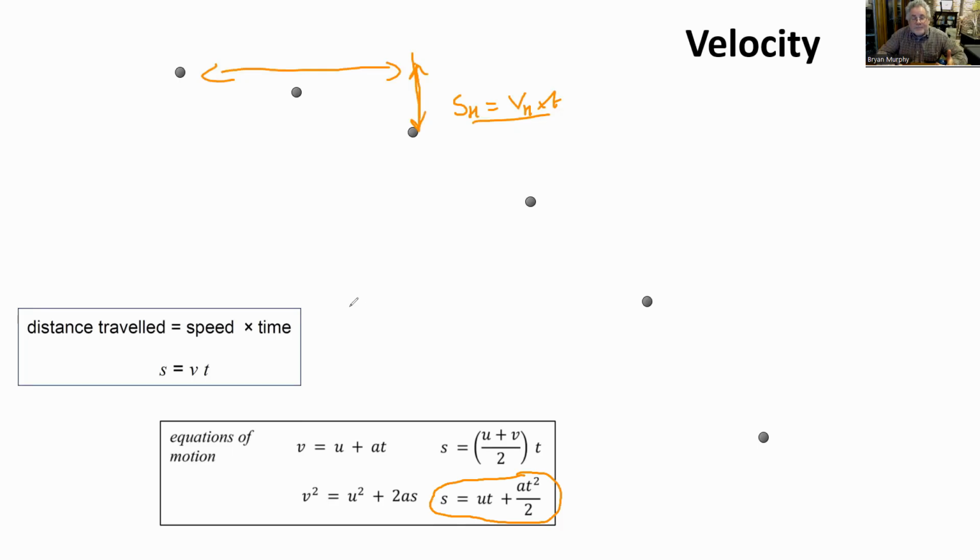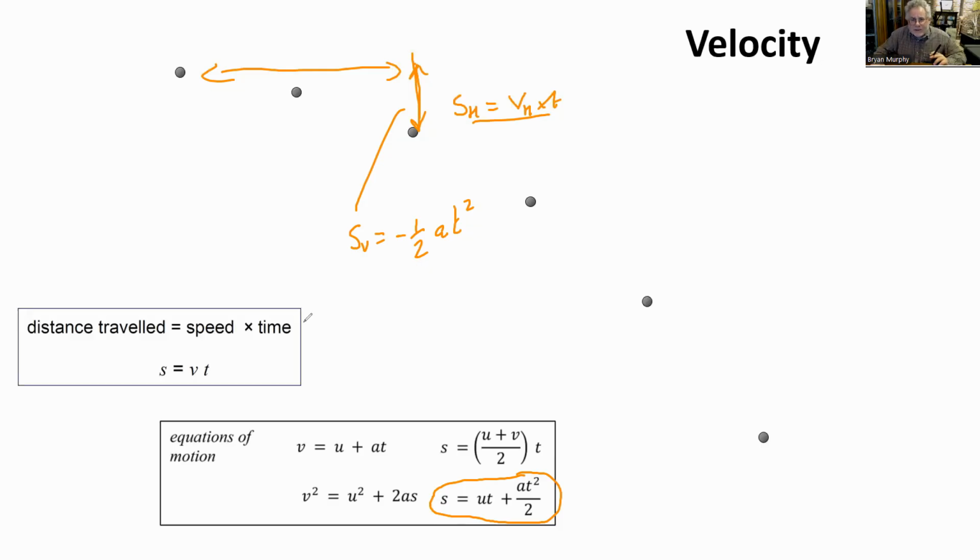Again, the initial vertical velocity u is 0. So the vertical distance is a half a t squared.